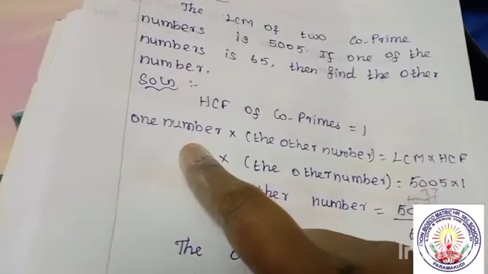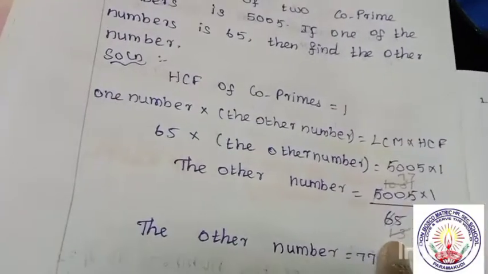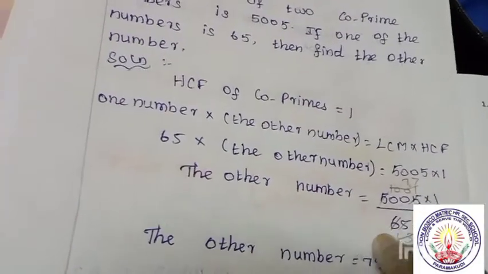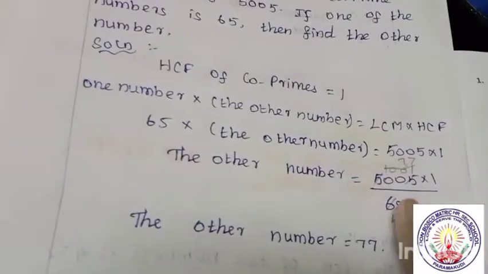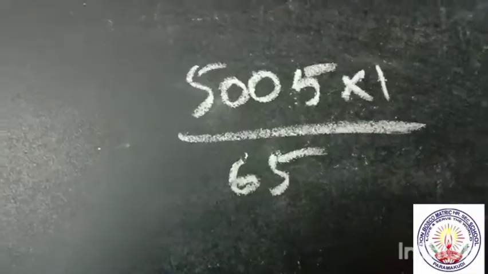So 65 we change to the right hand side, it changes from multiply to divide. So how do we divide that?